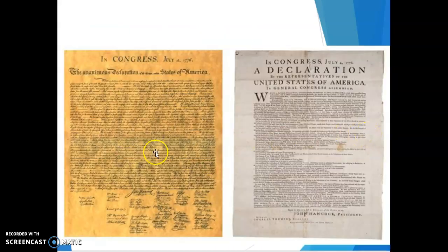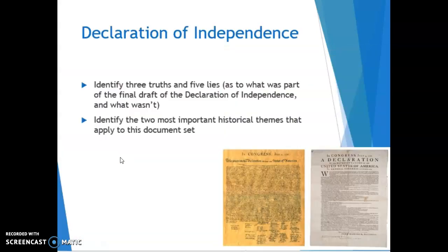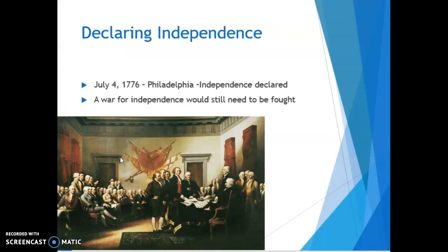This eventually will lead to the Declaration of Independence, and as a result, you're going to have this being declared officially on July 4th, 1776, and once this is declared, the War for Independence would need to be fought. So at this point, there's no going back. And if you read the Declaration of Independence, it's very methodically laid out.